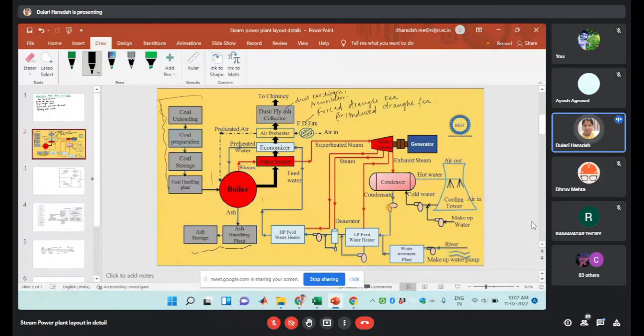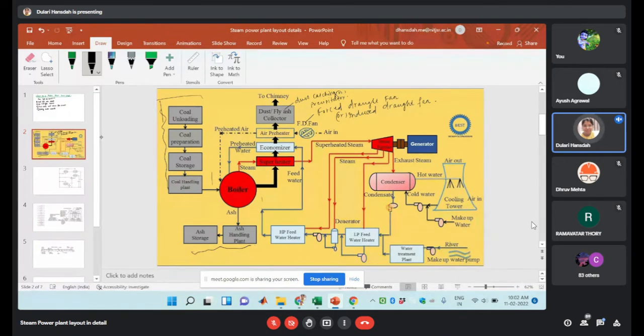Now we are going to discuss the components of the modern steam power plant. If you are observing here, the details are given. The first main components, the heart of the steam power plant, are your boiler and your steam turbine.